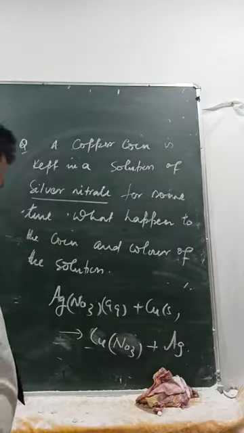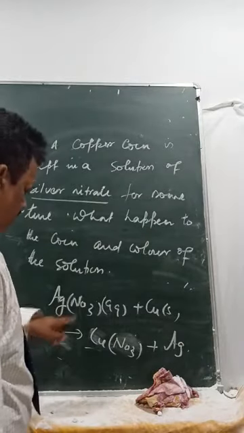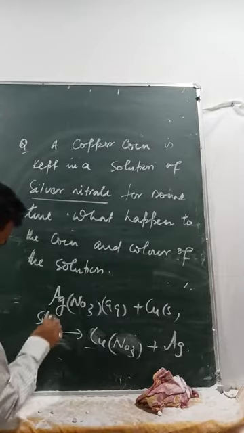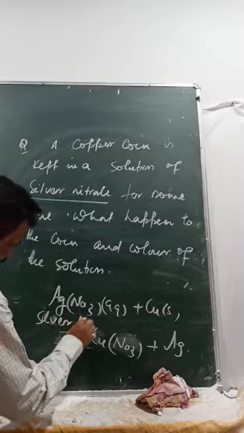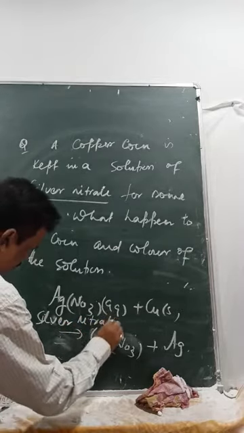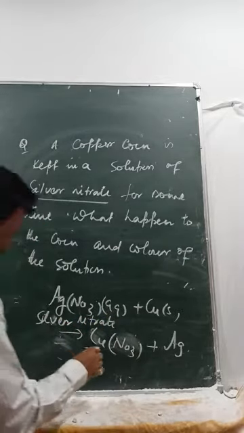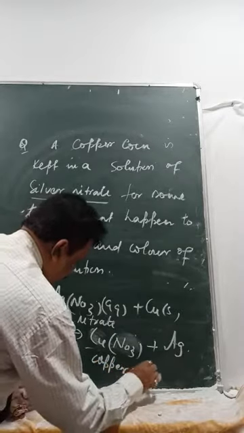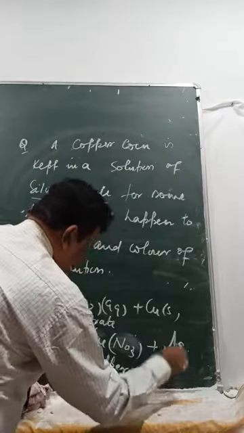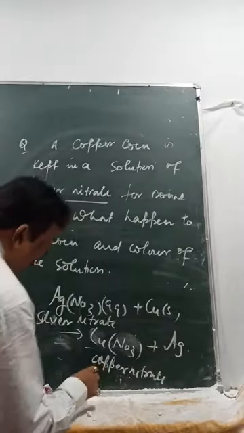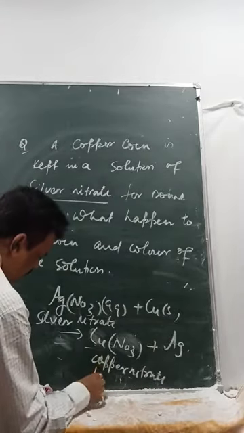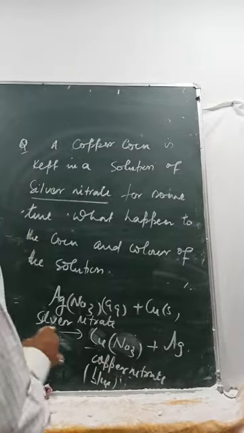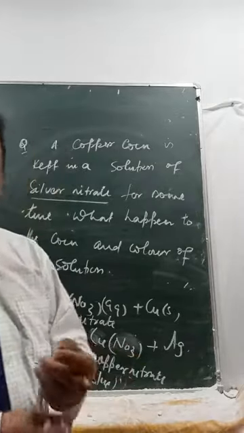Silver nitrate, then copper nitrate, then the silver. Copper nitrate is blue in color. Color you have to remember.